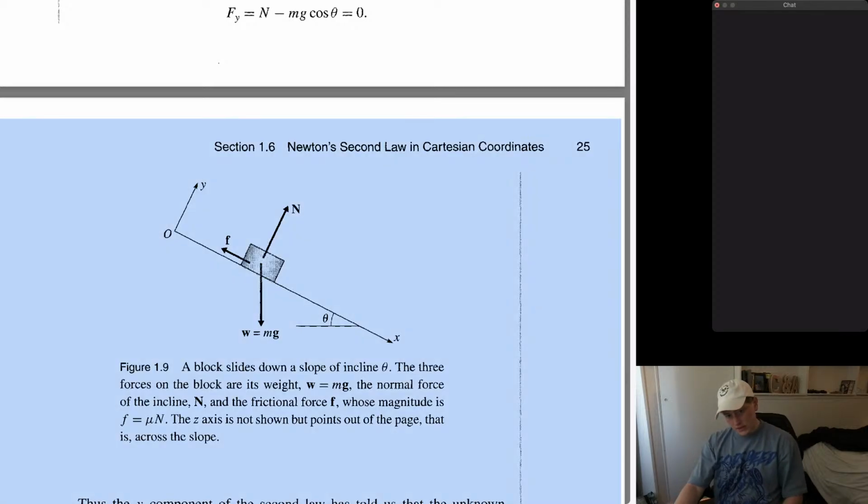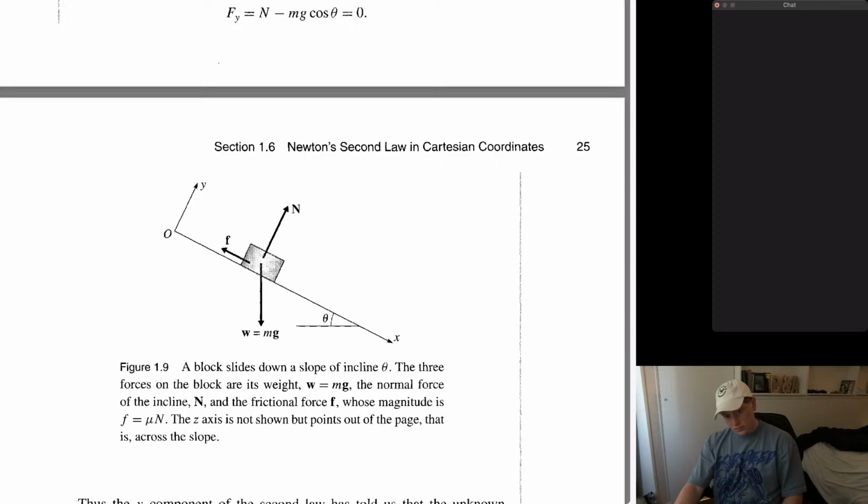We want this. We want this. Okay, that would be theta. Okay, got it. So that would be mg sine theta, mg cosine theta.